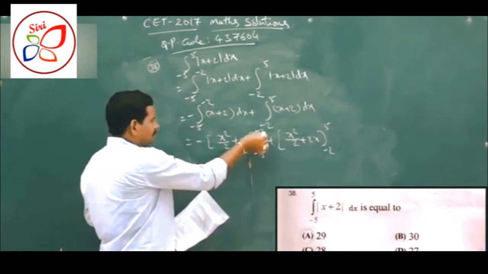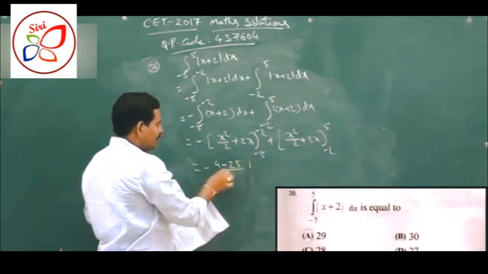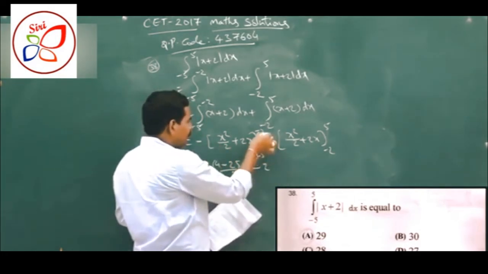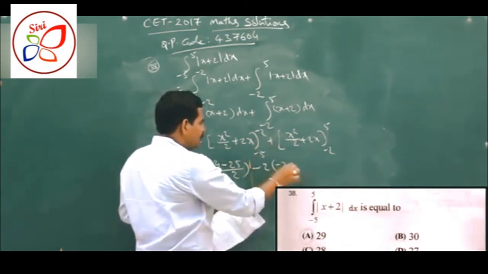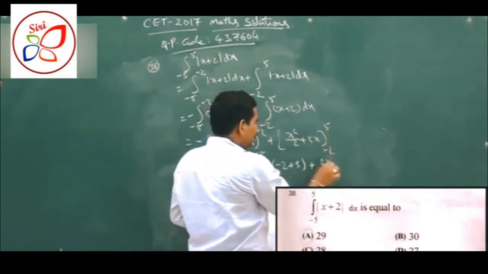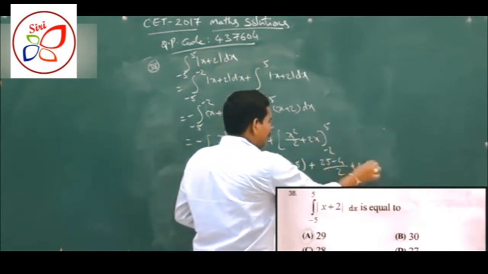So minus of this one, 2 square is 4, 5 square is 25 by 2 minus 2 into minus 5, minus 2 plus 5. Coming to the second part, 25 minus 4 by 2 plus 2 into 5 plus 2.